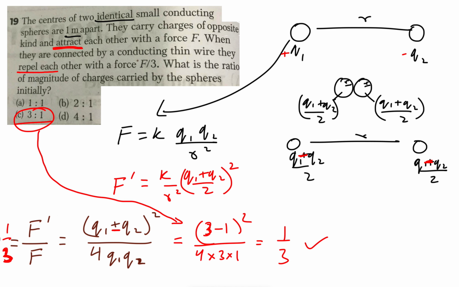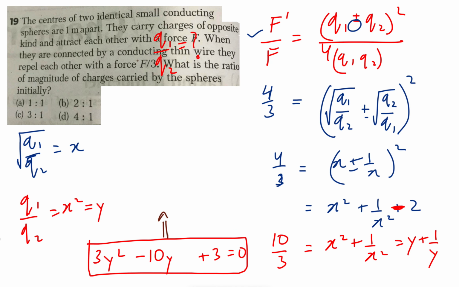Okay, yeah. So when you solve this, if you really want to solve this, then your y is minus b plus minus under root b square, which is 100, minus 4ac, so 4 into 3 into 3, so 36, divided by 2a.